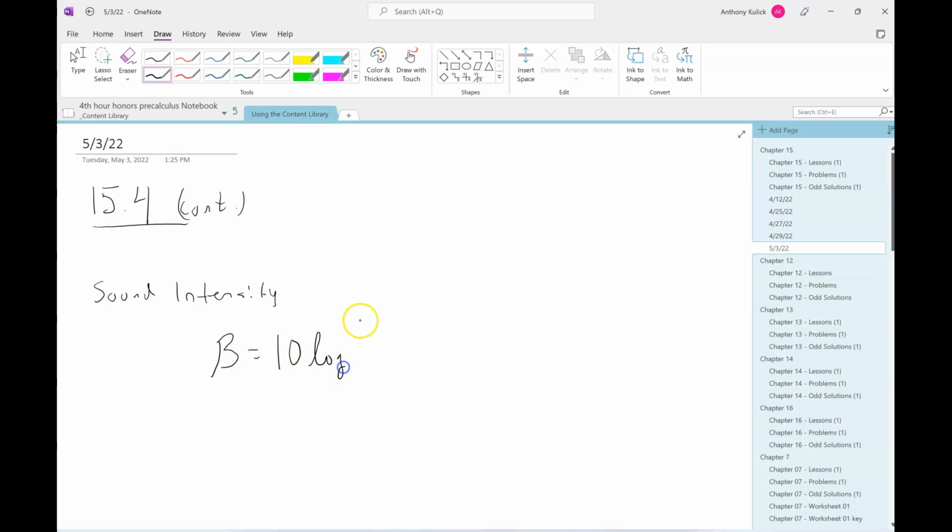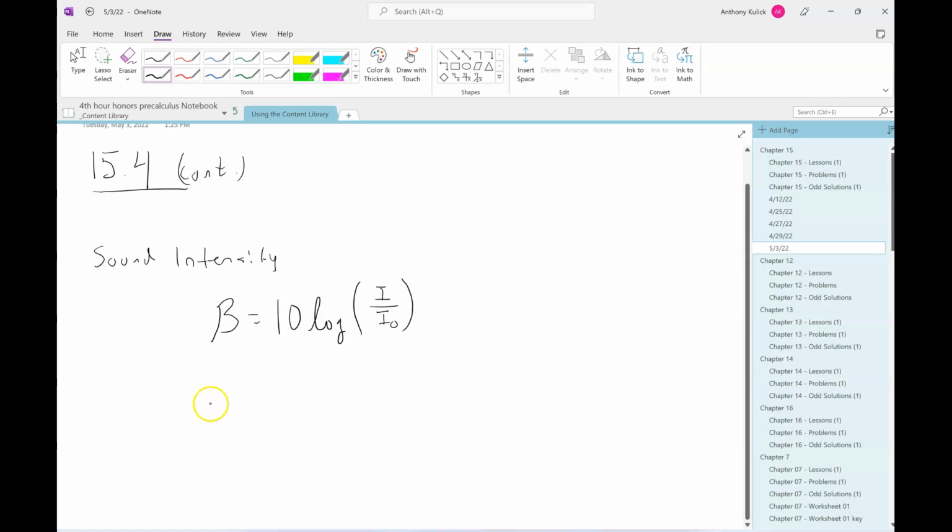So our equation for sound intensity is this. Does anybody know offhand what sound intensity is measured in? The unit? Hertz. Not hertz. Decibels, yeah, very good. So the beta here is just the number of decibels.